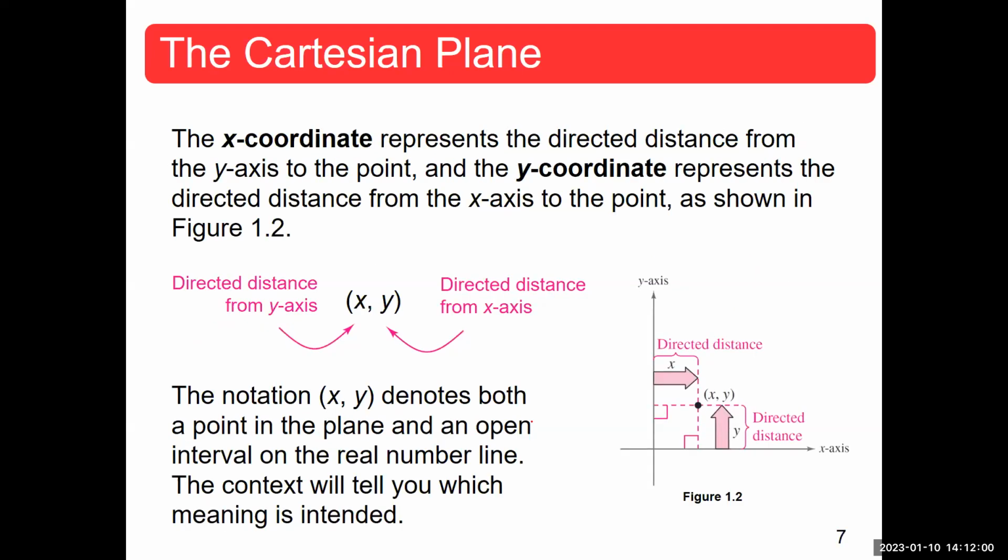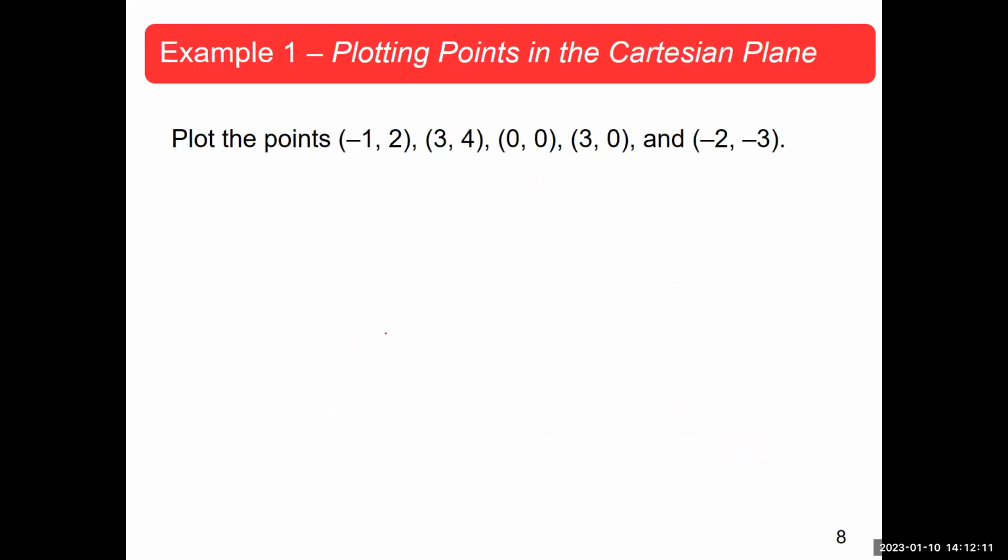So here they say each point is represented by a pair of numbers, a value along x and a value along y. Like if we wanted to plot these points, -1, 2, and 3, 4, let's try to plot them.